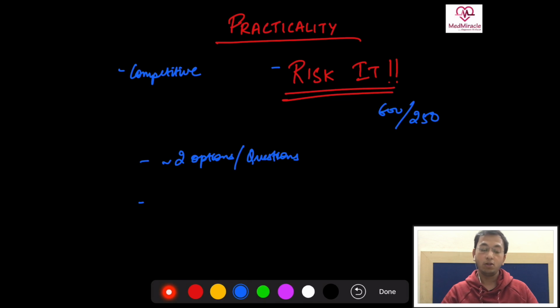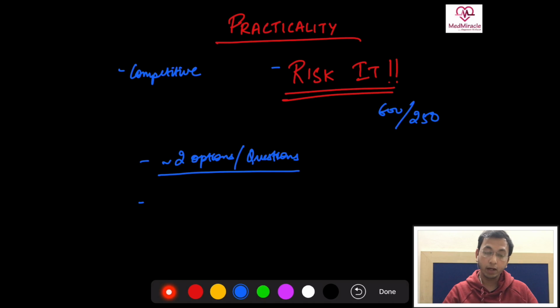So if in a question you have doubt about 2 options and you are quite sure about the other 3 options being incorrect, you can very well go ahead, because there is more likelihood of them being correct.